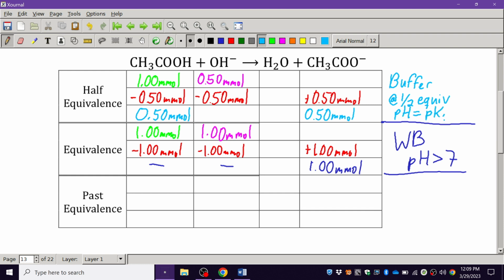All right. The most common mistake that people make here is they tell me that's true at the equivalence point. No, it's not. It's true at half the equivalence point, not at the equivalence point. All right. So again, that's different.